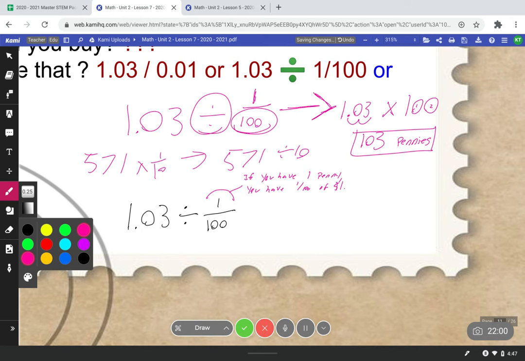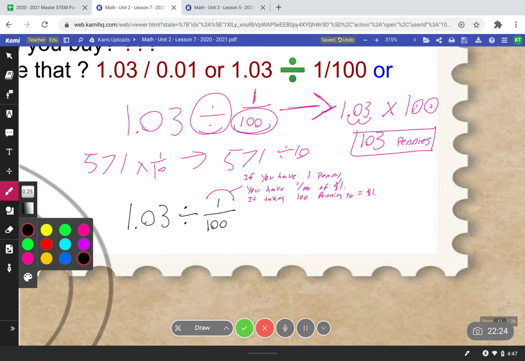Because you need 100 pennies, or output, it takes 100 pennies to equal $1. So that's why we have 1/100th.